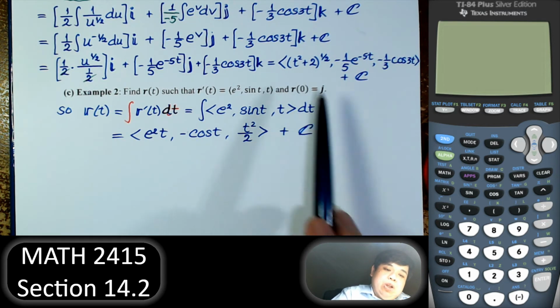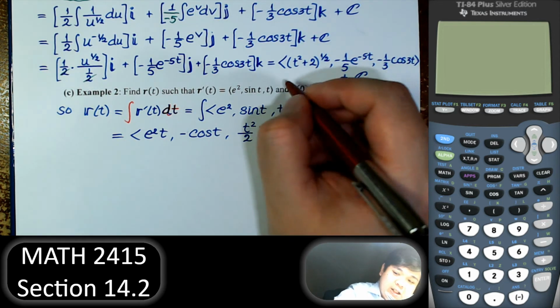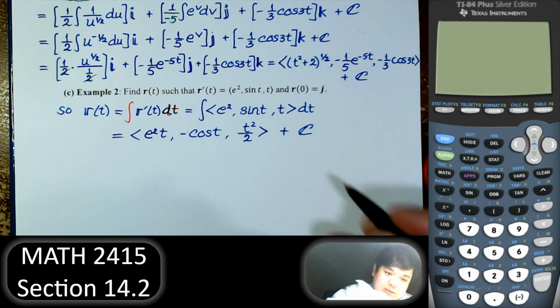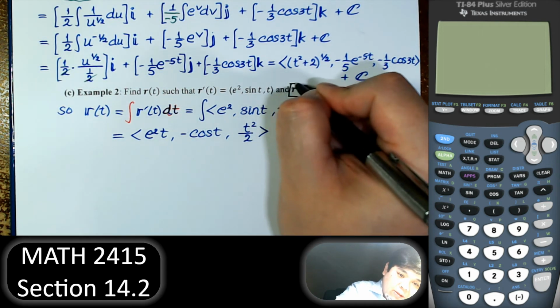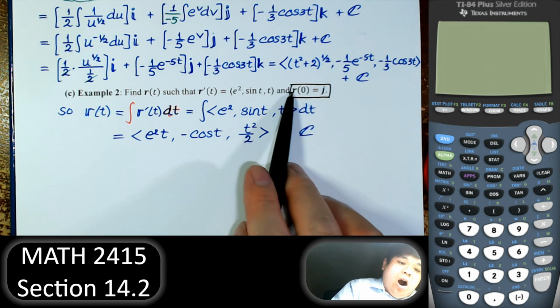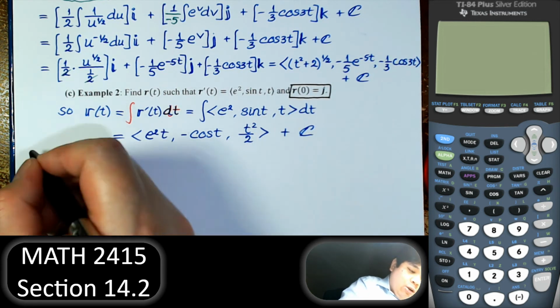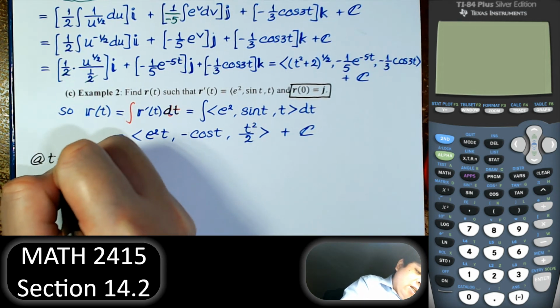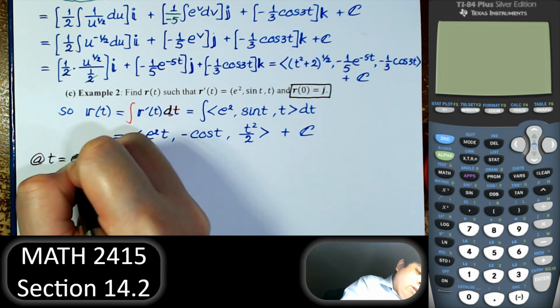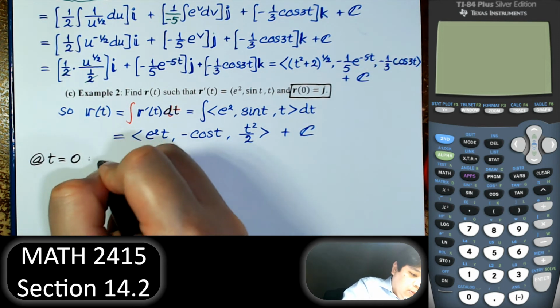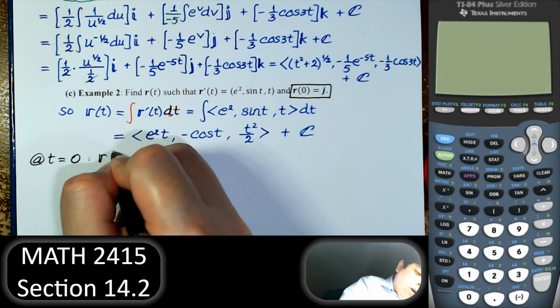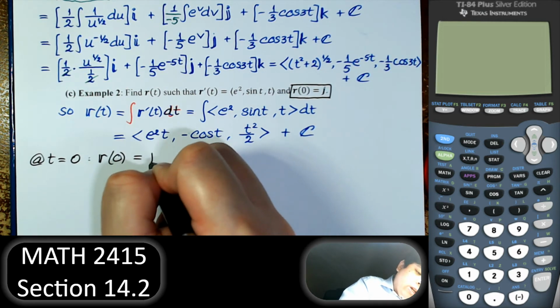Now we use the initial value condition. R of 0, meaning t is equal to 0. So at t equal to 0, r of 0 equals j.